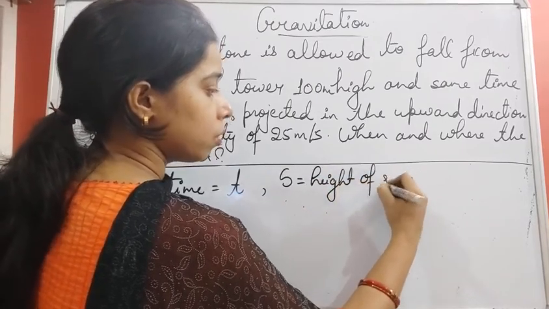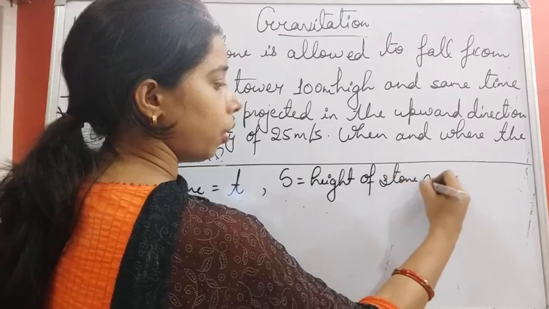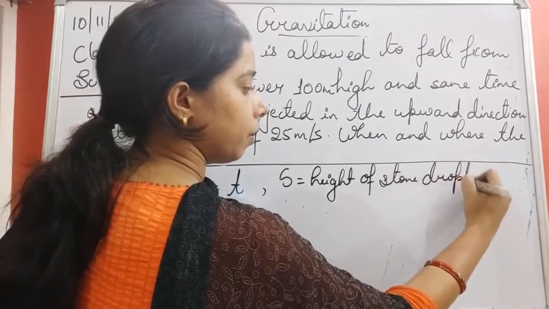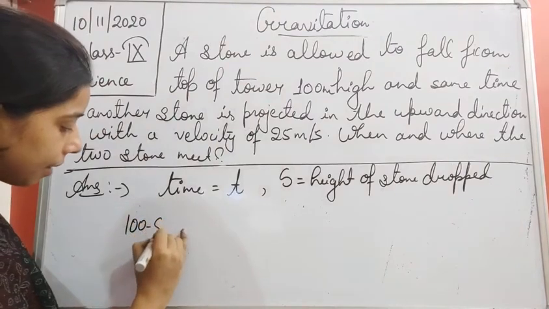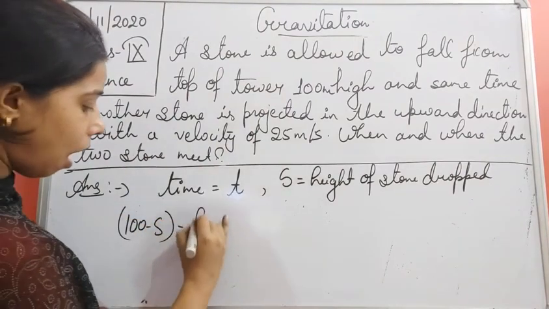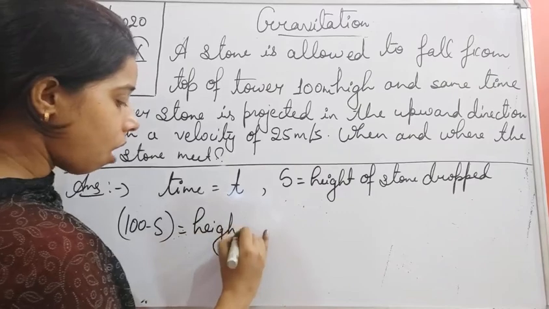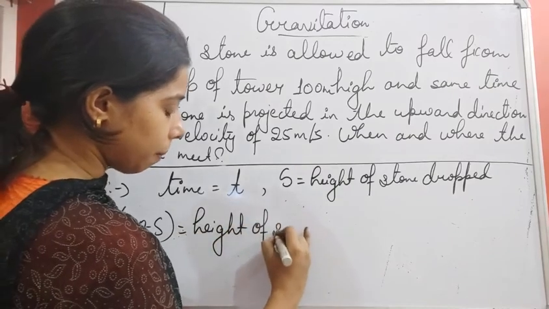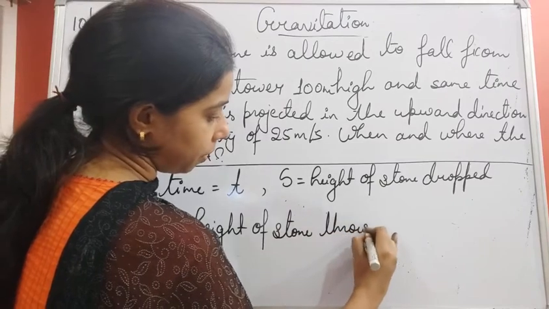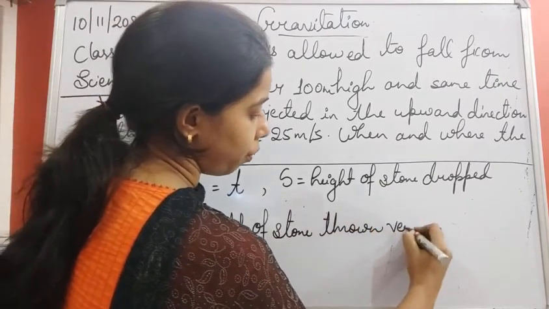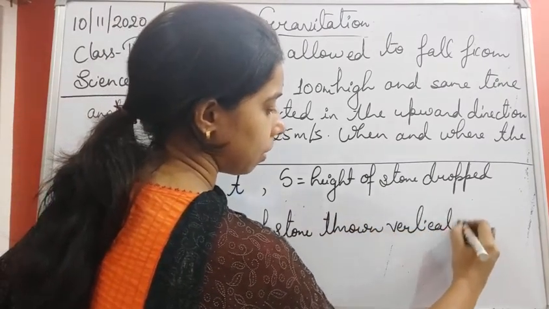And 100 minus S is the height of the stone thrown vertically upward.